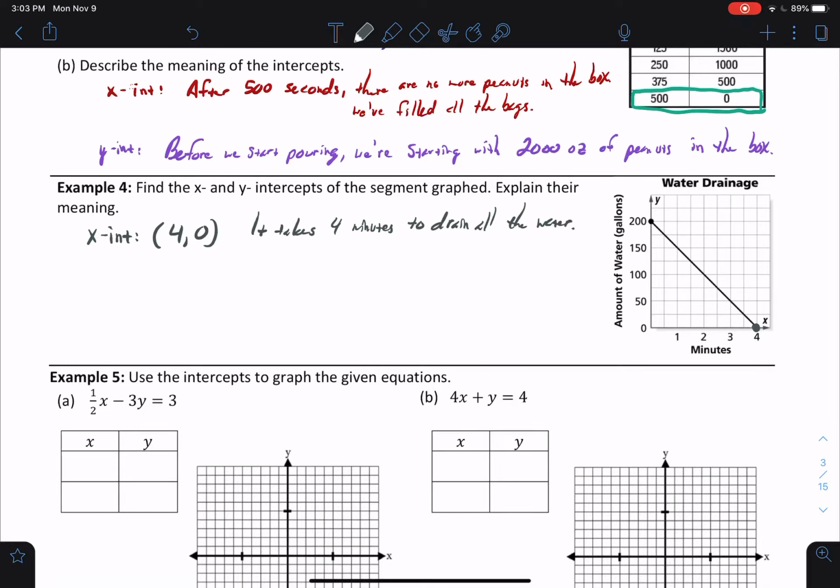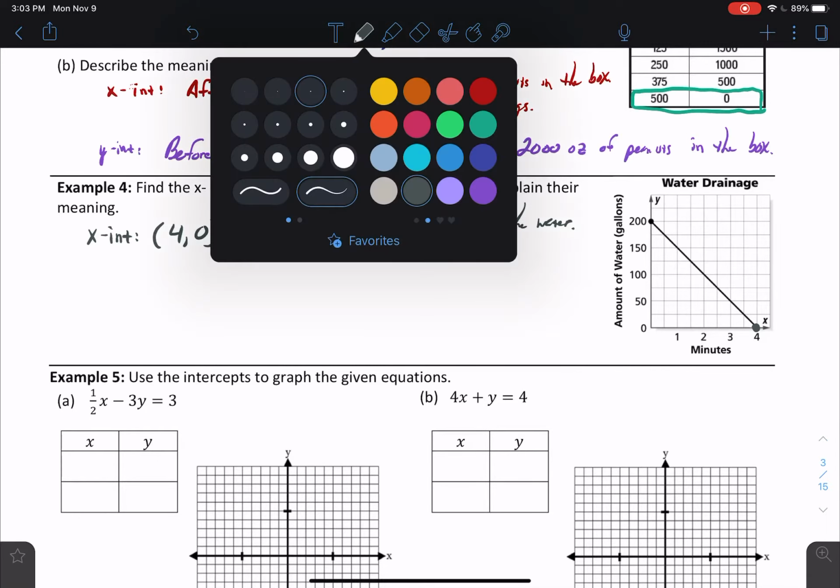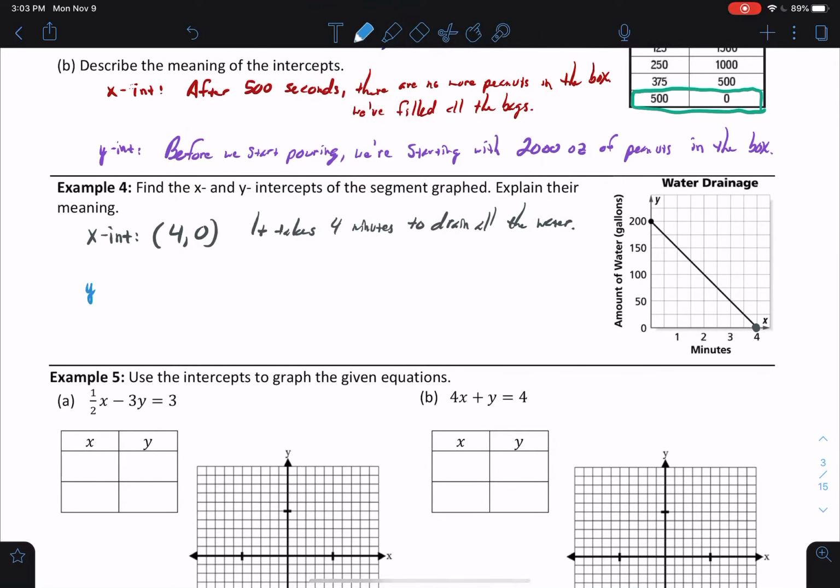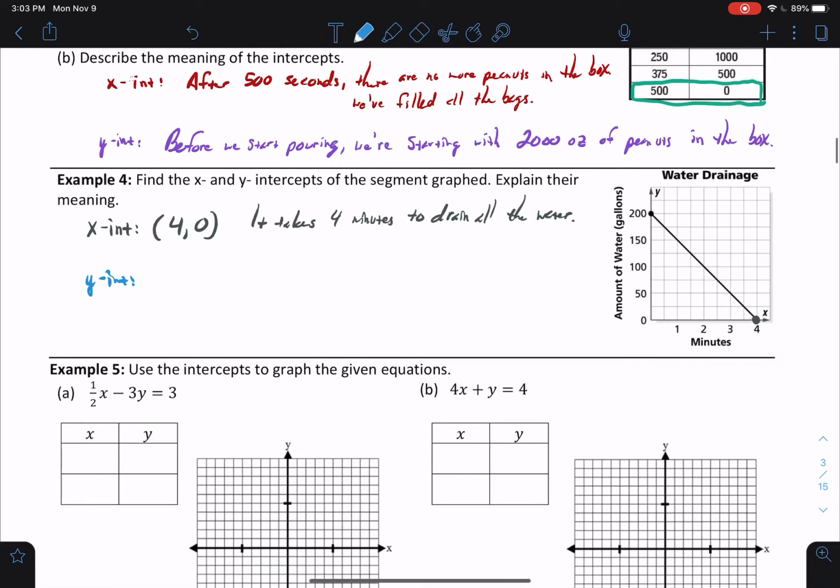Okay? Notice at that point, at (4, 0), there's no more water left. There's no more gallons of water. We've drained out all the water. Okay? The y-intercept is (0, 200). That's its coordinate. Okay? So that represents the beginning. No time has passed. 0 minutes have passed.